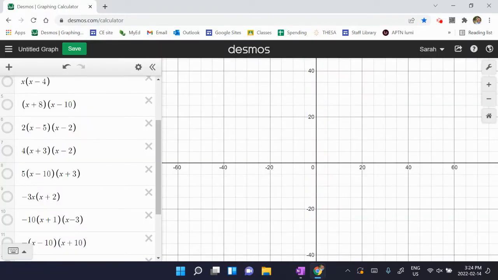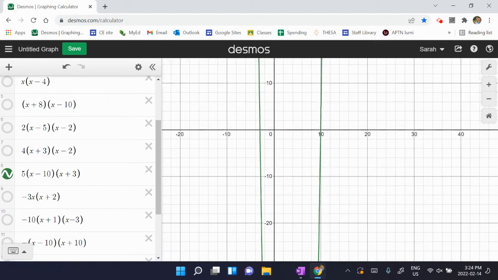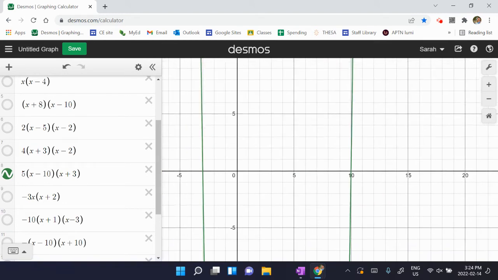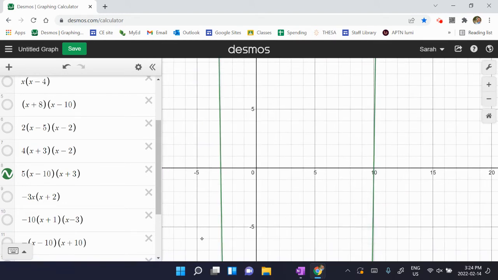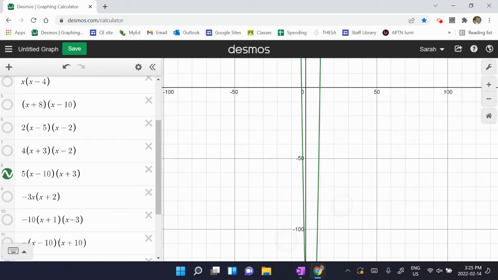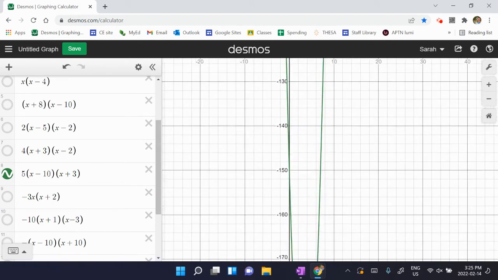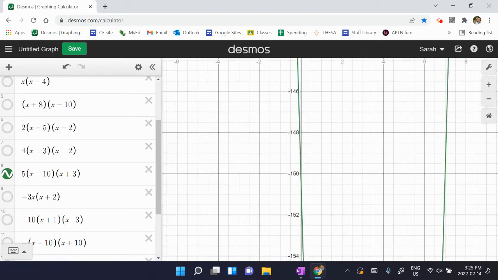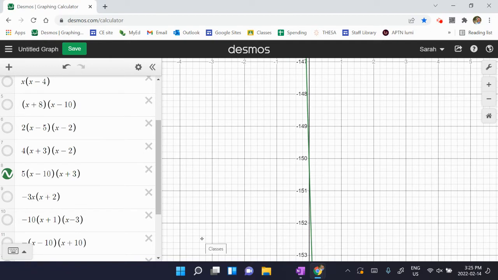Okay, x-intercepts, I have minus 3 and 10. The y-intercept is negative 150.